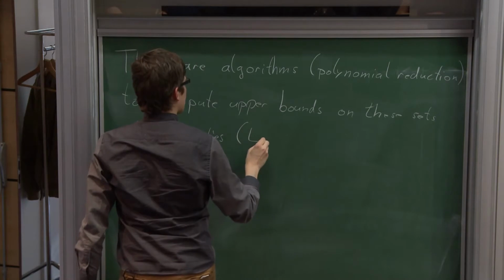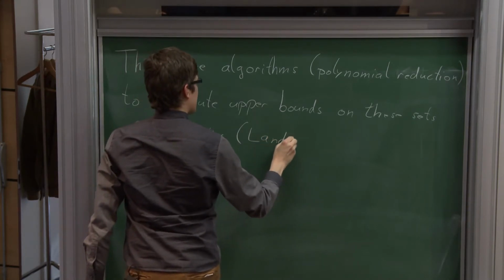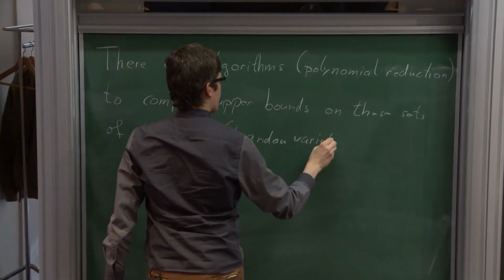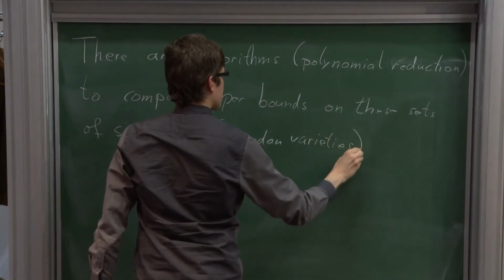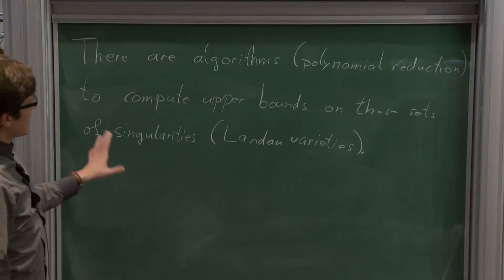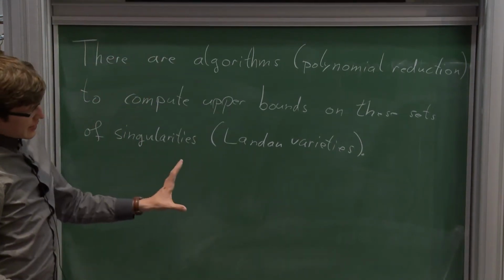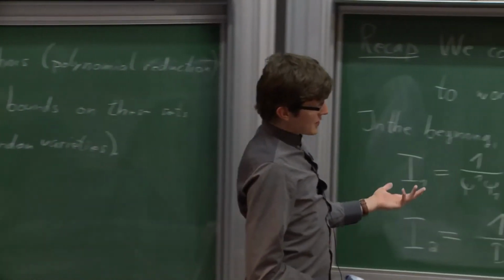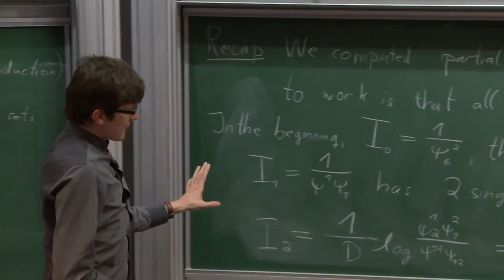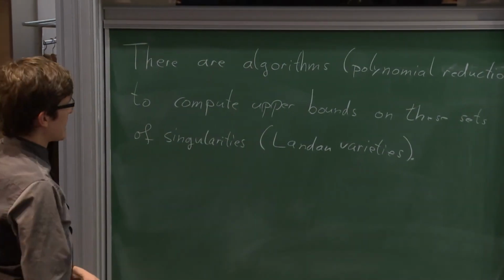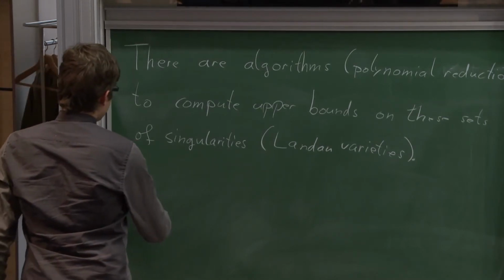They actually have a name, they're called Landau varieties. And the bottom line is that once one has understood this polynomial reduction for a particular graph, one knows that all the amplitudes one could associate with it will be, via this algorithm, expressible in terms of multiple polylogarithms of a particular type.